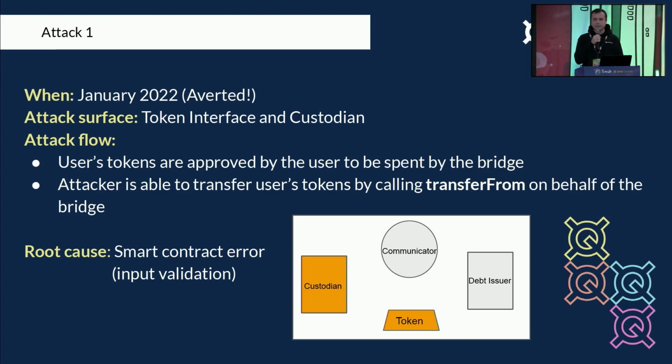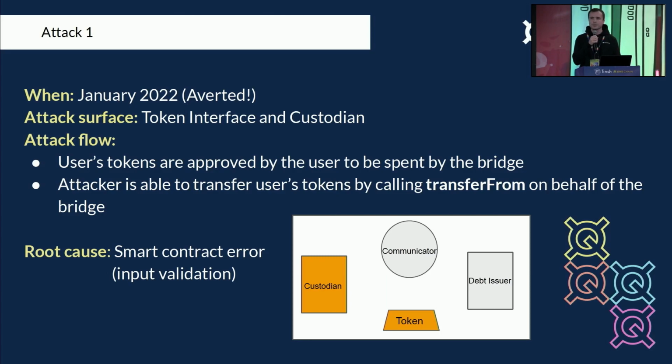The first attack was actually good news because it was averted in January 2022. The token interface and custodian parts of the bridge system were involved in the attack. What happened was that users who interacted with the bridge approved the bridge to spend certain tokens on their behalf.